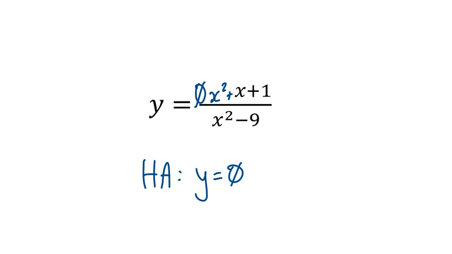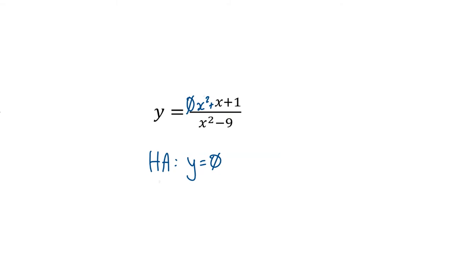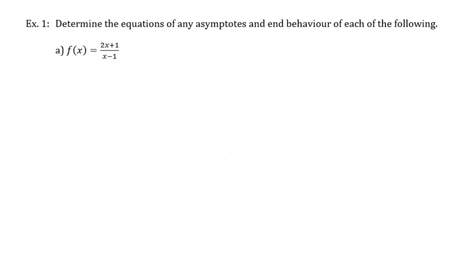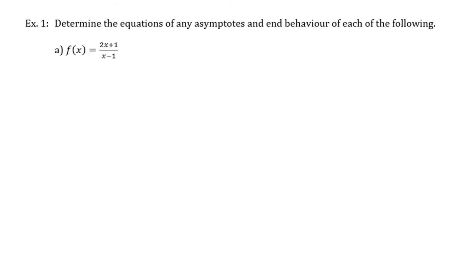Okay? But in a nutshell, that's horizontal asymptote. It's pretty straightforward. Questions? Okay, so next we're going to do an example, if I can find it, where we're going to find both horizontal and vertical asymptotes.